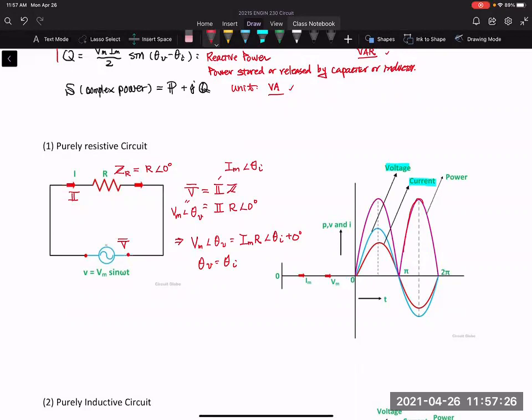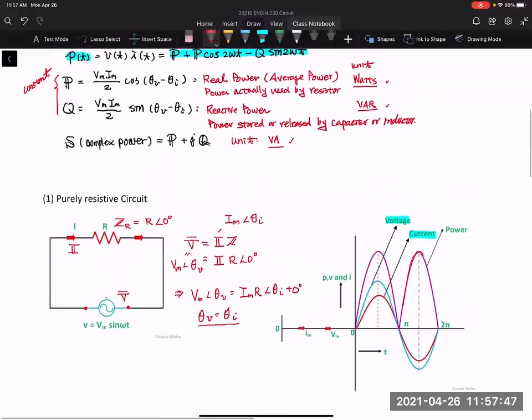So if you look at this, what actual power is going to happen here if you have this situation? If these two are in phase, let's look at the values of P and Q. Here we have P and Q on top. So if in phase, theta V equals theta I, and what does our P become?